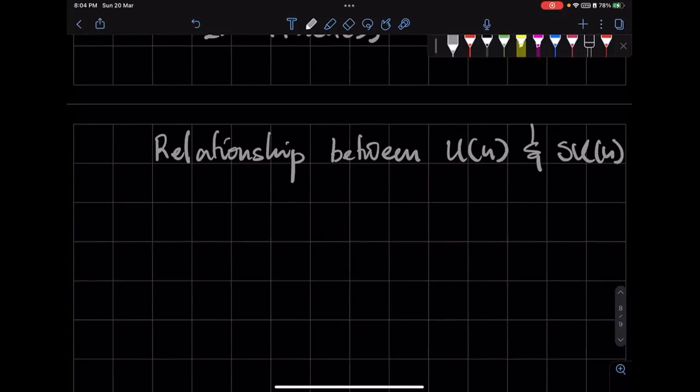So the passage from UN to SUN, UN doesn't have those kinds of discrete transformations in them. Yeah, here UN itself doesn't have any discrete transformations.